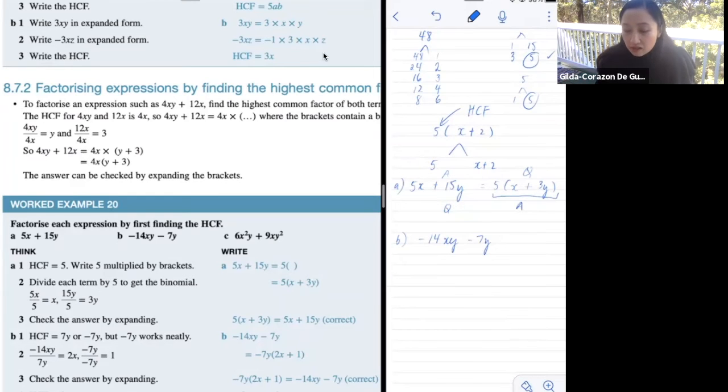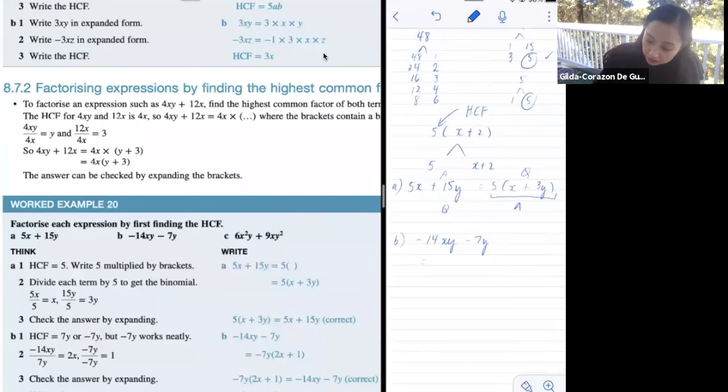But in this case, you want the highest common factor, just the magnitude. But if it starts with a negative, you have to factor out that negative, okay? Just like with this one, you've got negative 14xy minus 7y. You would need to write down as your highest common factor, whatever that is, it should be negative, okay?